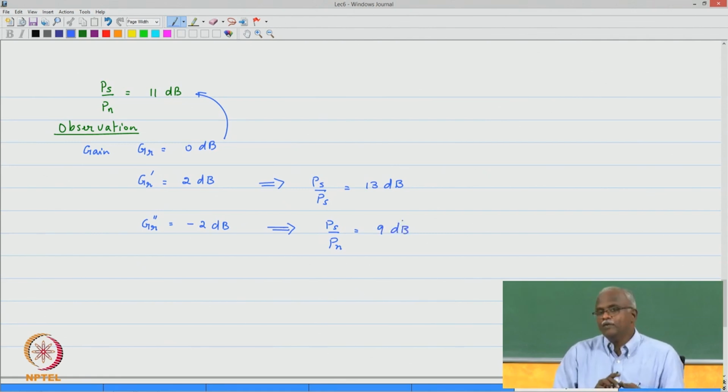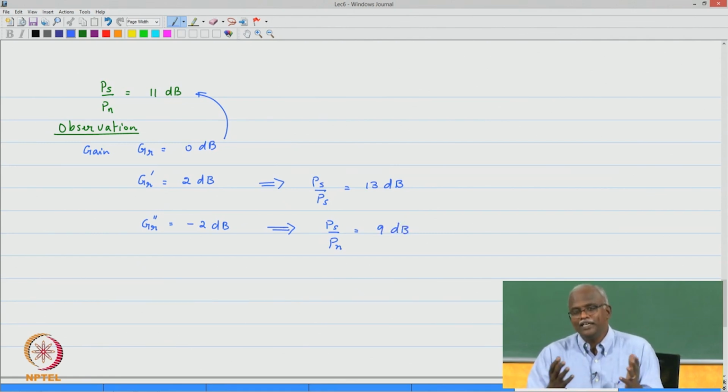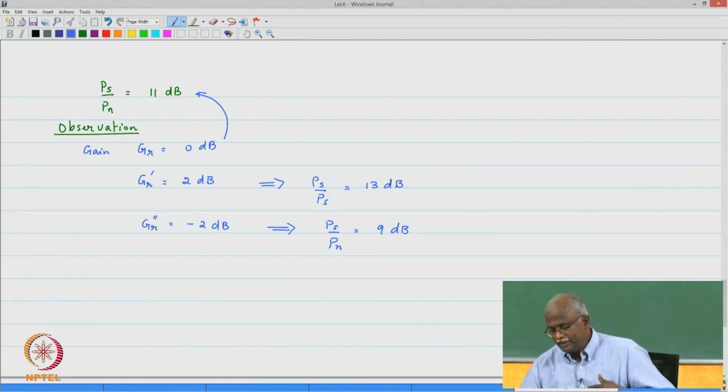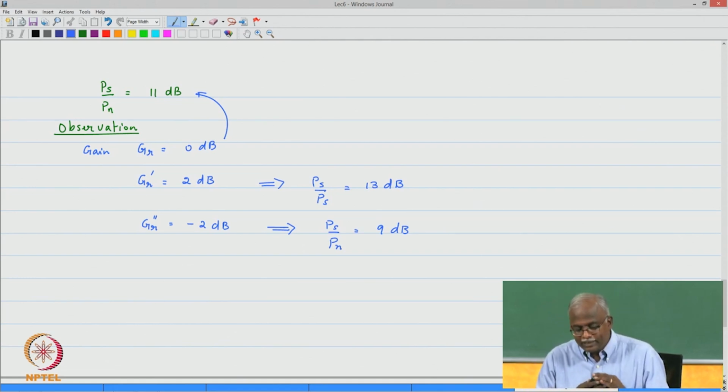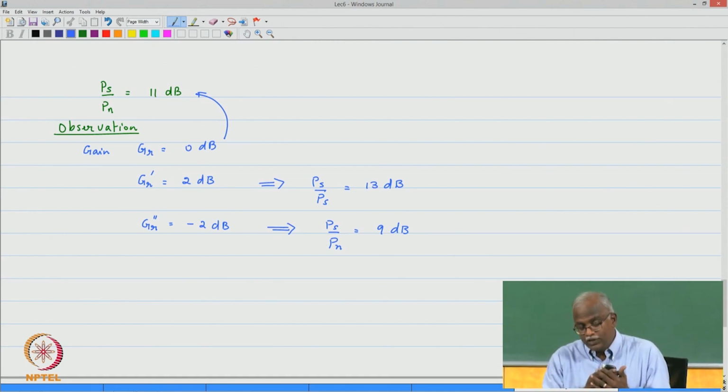Now you may be wondering what would be a scenario where you would implement a gain of minus 2 dB. Actually, we do not deliberately intend to introduce a gain of minus 2 dB, but what typically happens is that if you have a cell phone and it is designed with, let us say, a 0 dB gain antenna, and you hold it in such a fashion that your hands are covering the antenna, then you could find that the tissue can actually cause a further loss of signal.